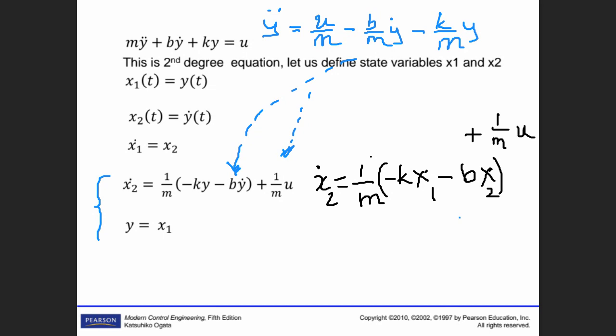So I wrote this equation again: x2 dot is equal to minus k over m x1 minus b over m x2.